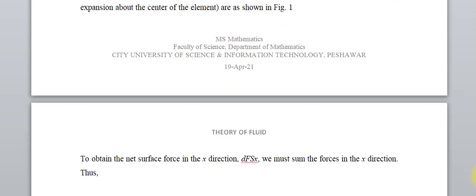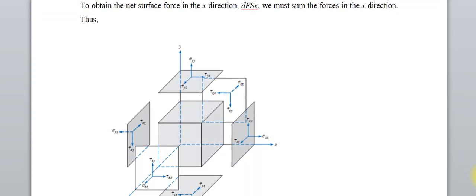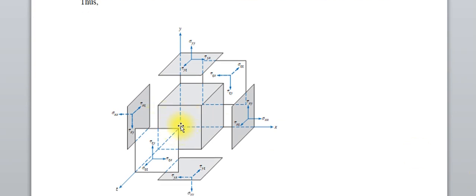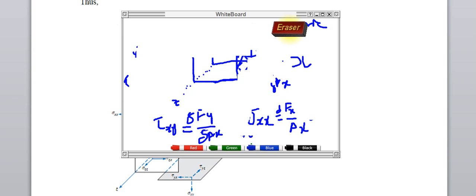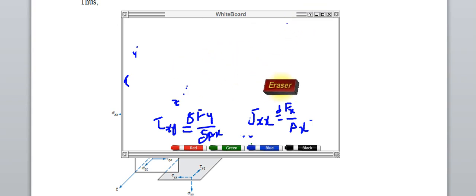This is the center of the fluid element. We have considered this cube as a differential fluid element.